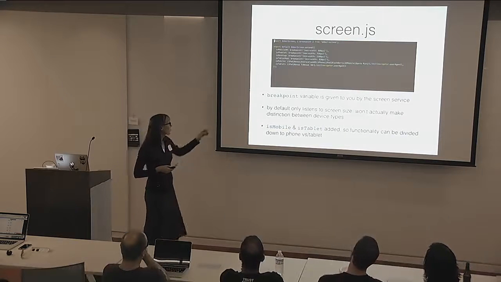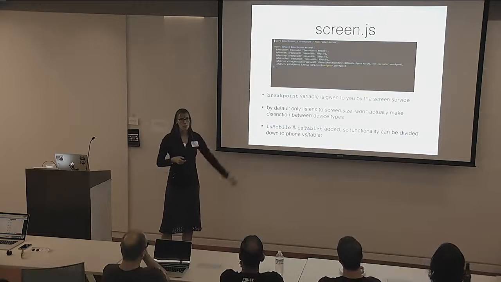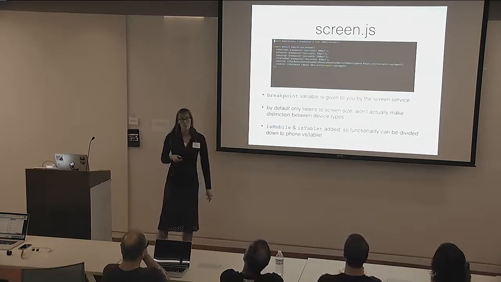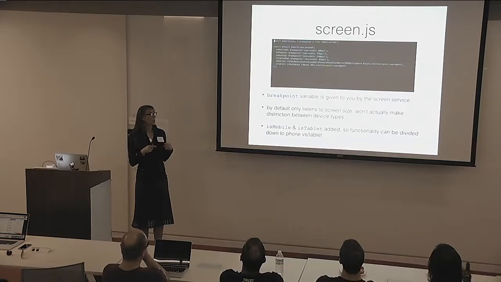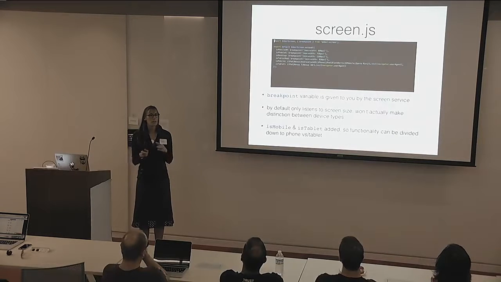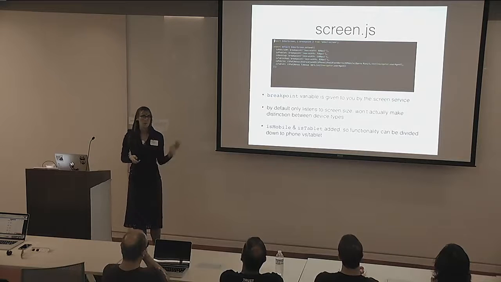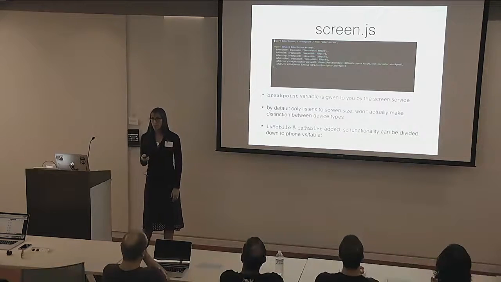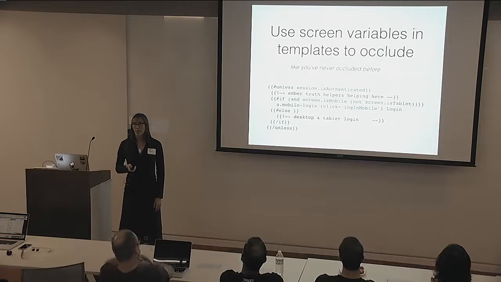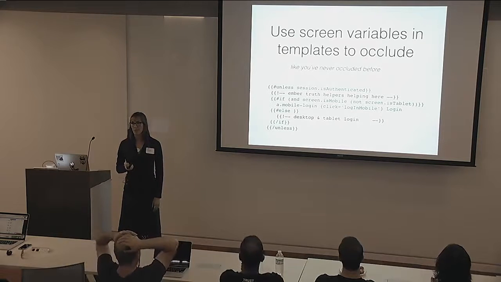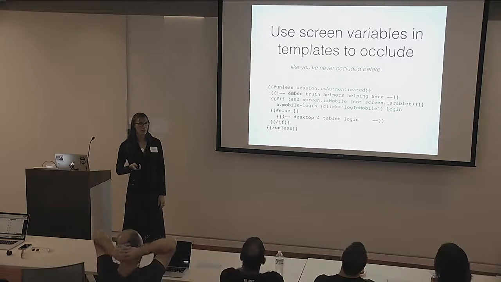So yeah, it's pretty simple. I had to add these variables, is mobile and is tablet, because the screen service really just looks for screen size. It doesn't actually detect what type of device you're using, but that was easy enough to change. So yeah, this is kind of the process for occluding.